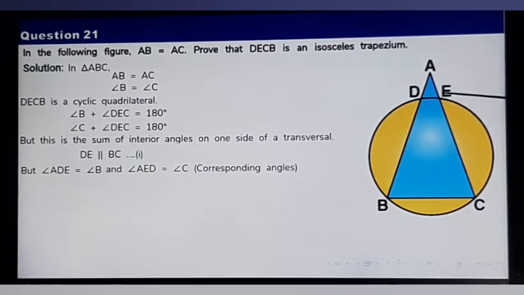In this smaller triangle, these two angles are equal, so this is also an isosceles triangle, and AD will be equal to AE.